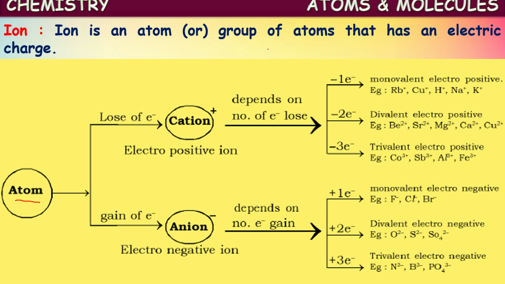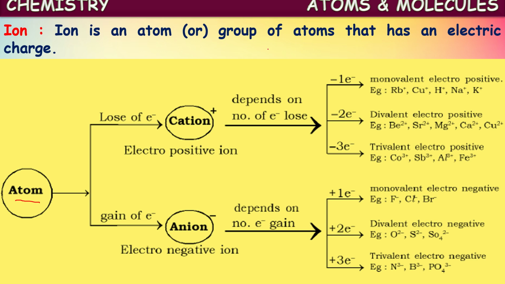If a single electron is gained by a neutral atom, monovalent electronegative ion formation takes place. That means it is carrying one excess negative charge on it. If two electrons are gained, that is a divalent electronegative ion.